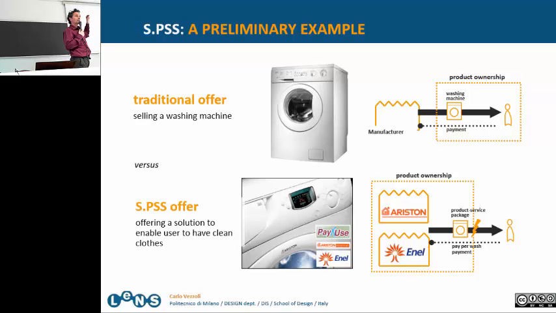In the first case, the product ownership moved from the producer to the user. In the second case, the washing machine remained with the partnership. So the producer remained the owner of the washing machine. Okay? It's clear? Yes.